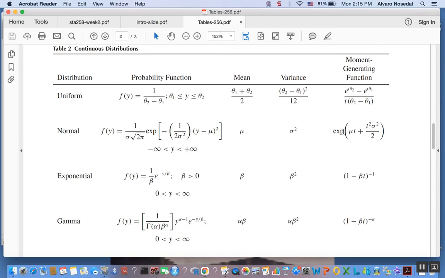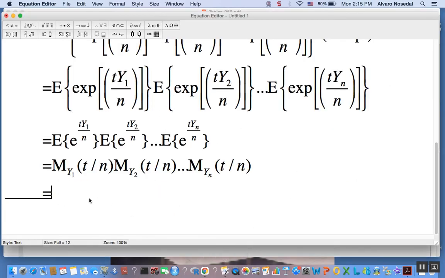And remember that this is just notation, exp for e to the power mu times t plus t squared times sigma square divided by 2. So let's make the appropriate change. The one that we want would be e to the power mu times t divided by n plus t divided by n squared times sigma squared divided by 2. Make sense? So let's write that down here.